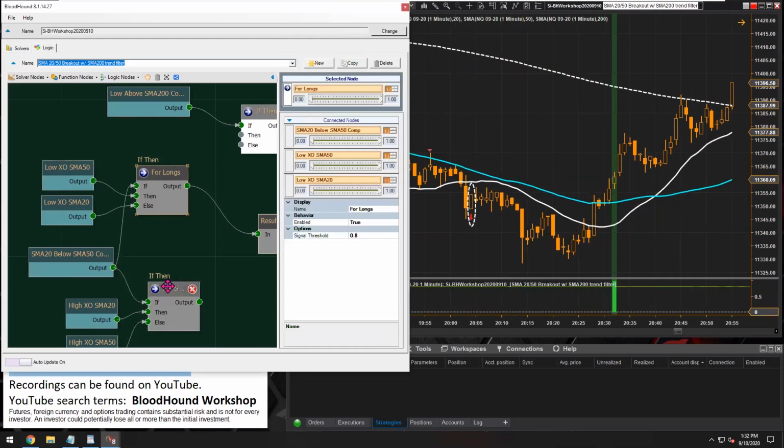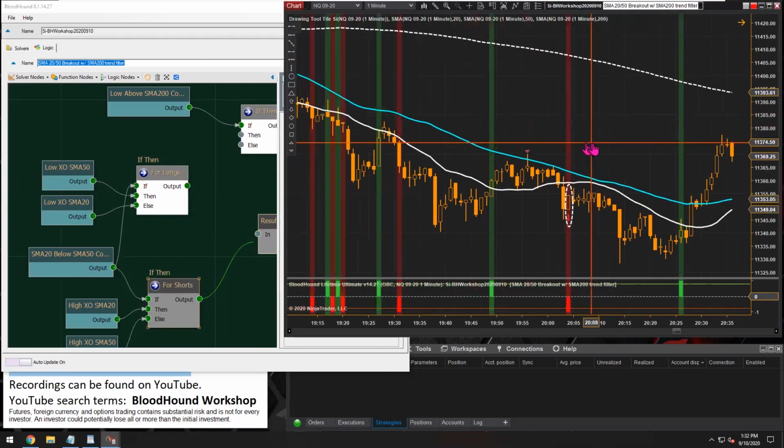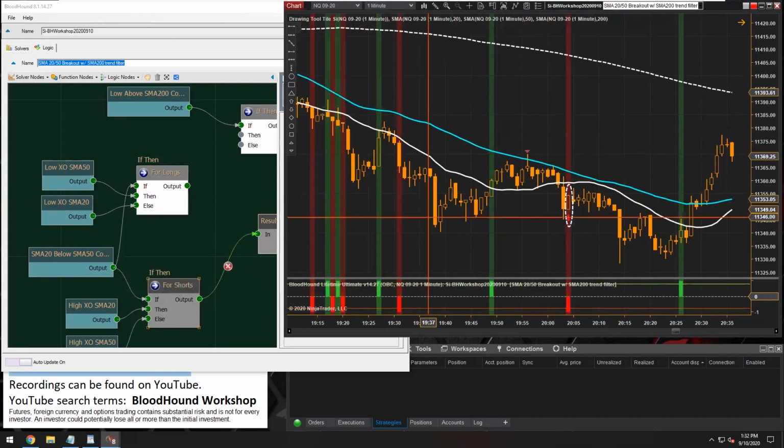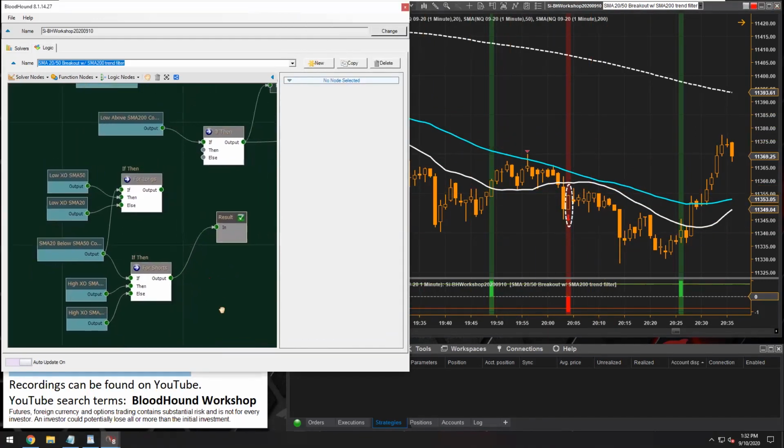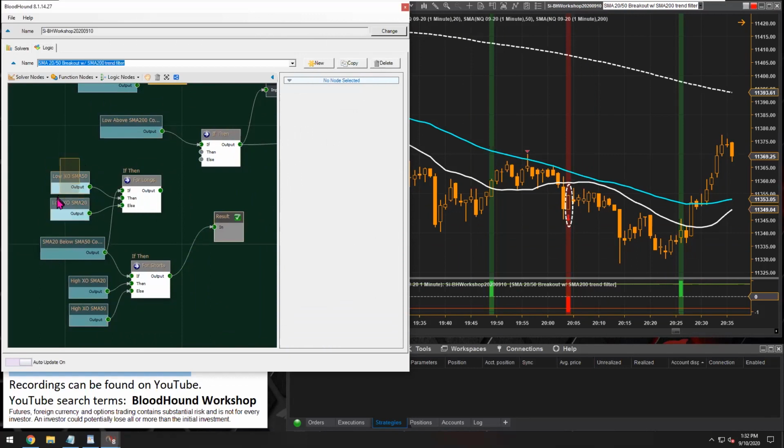And then the if-then down here, right, it's being used for shorts. And so whichever moving average is on the bottom, right, we want to see those crossover signals from the moving average that's on the bottom. All right, so there is our basically reworked crossover logic here.